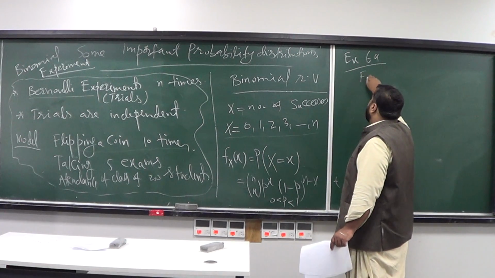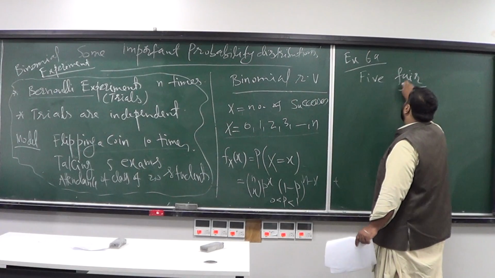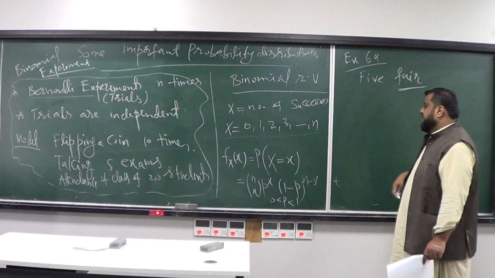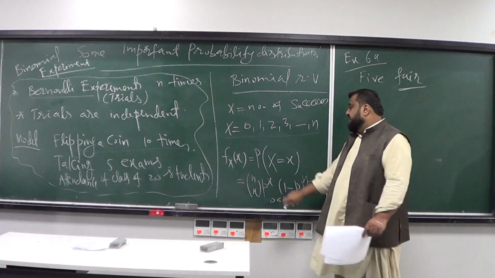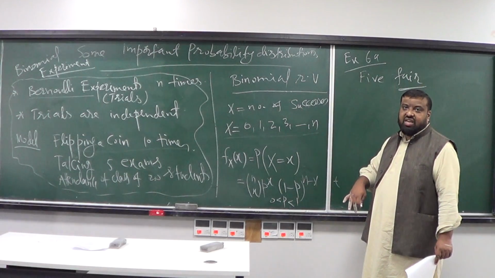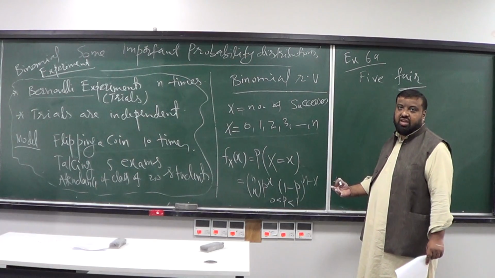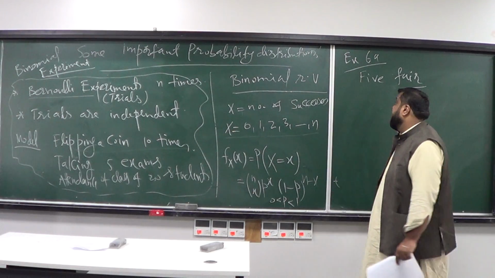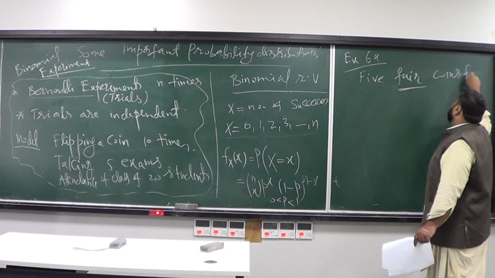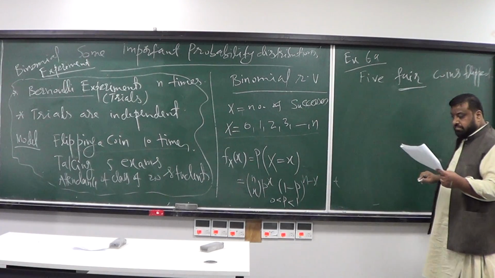So there are 5 fair coins flipped. This "fair" is important, because it tells you that the probability of having a head and having a tail are equal to each other. So both are 1/2.